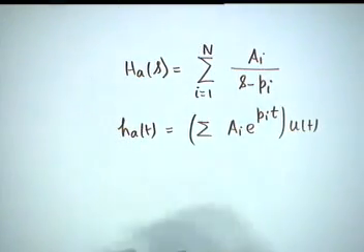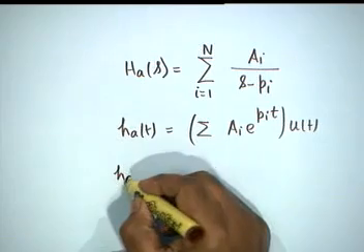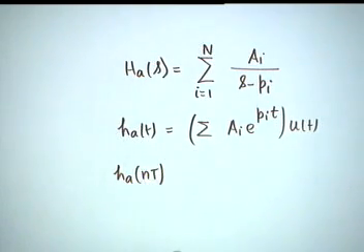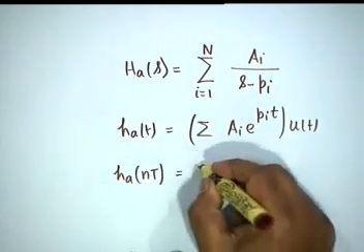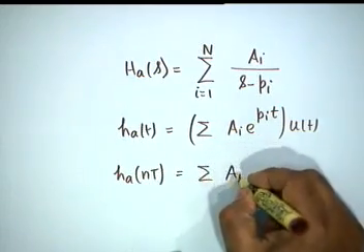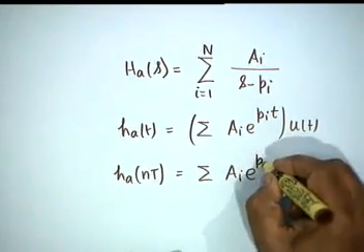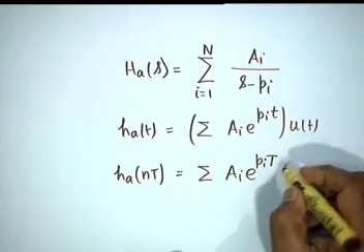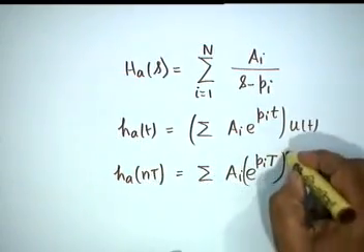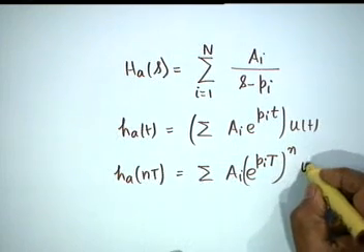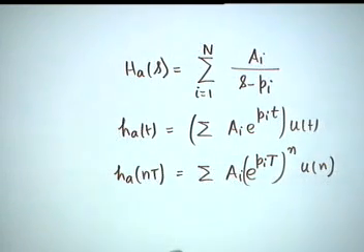If I sample this at intervals of capital T, then obviously what I get is A i e to the power p i T, to the power n, u of nT, which is the same as u of n, the digital step function.